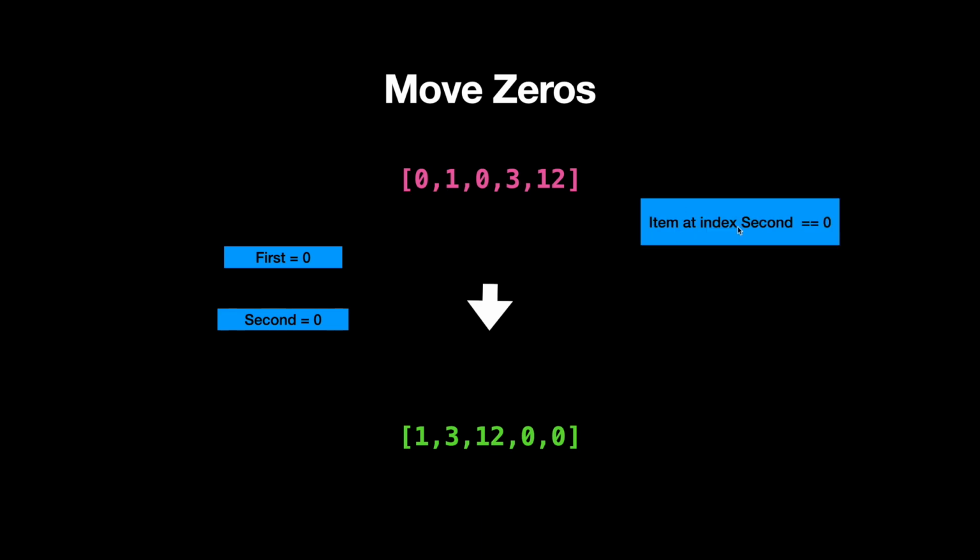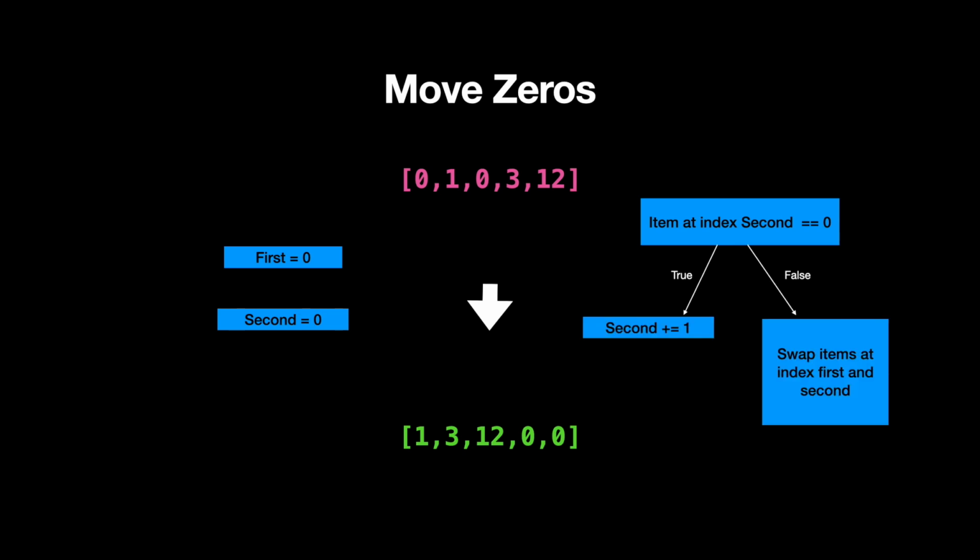If the item at index second is 0, then we'll just move the second to the next index. So we'll just do second equals second plus 1, right?